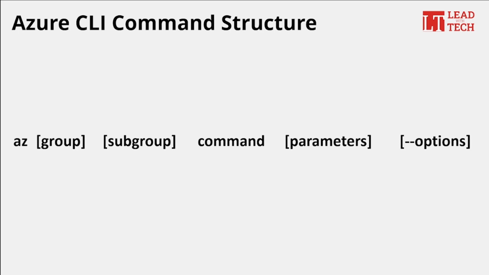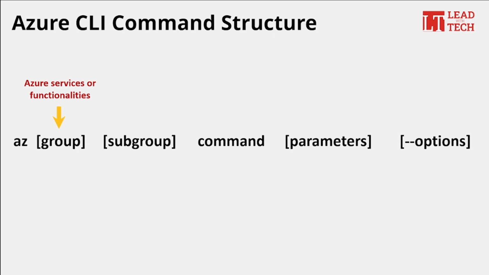follow that. So coming to the structure, as I said, AZ is the keyword which will indicate to the command line that we're trying to create or manage infrastructure in Azure. Followed by that, the first parameter is the group parameter. Now, a group typically indicates the Azure service or resource that you are trying to create. It could be a virtual machine, a resource group, a storage, or an app service.